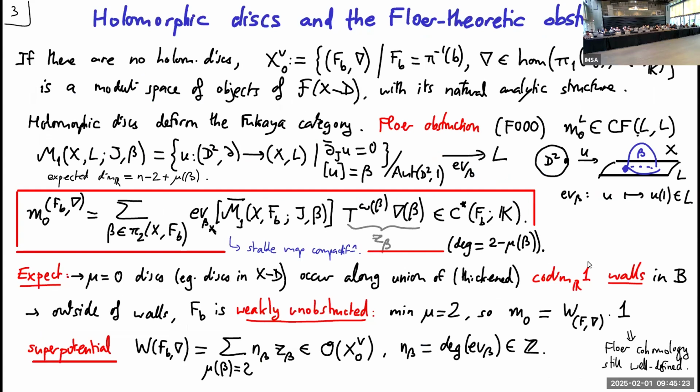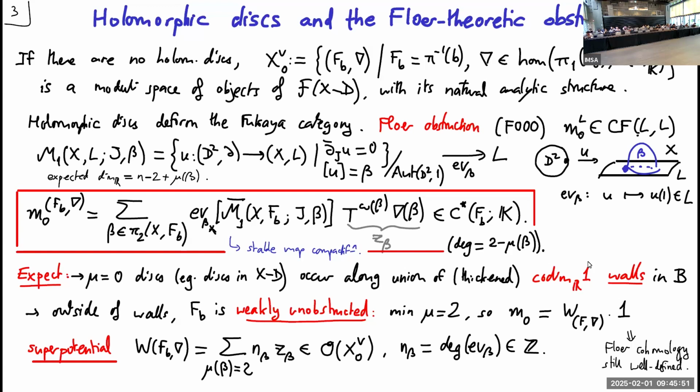So the way in which the geometry of this space of pairs and these coordinates z_i gets messed up is governed by holomorphic disks. If there are no holomorphic disks with boundary on any of your fibers, that's it, we're done. This X check 0 is a moduli space of objects of the Fukaya category with its natural analytic structure.